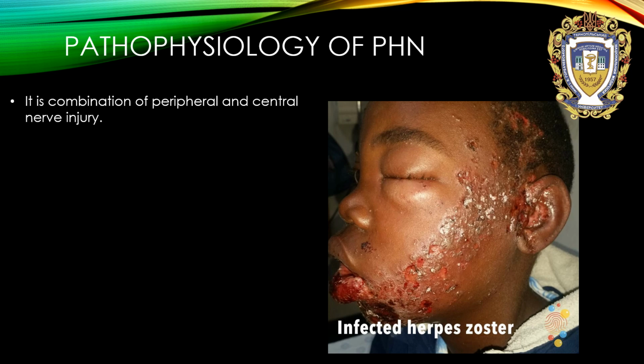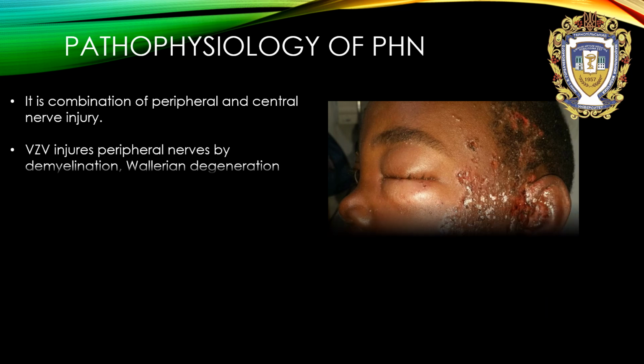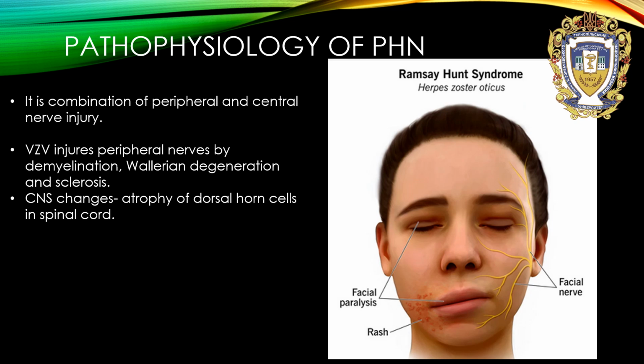It is a combination of peripheral and central nerve injury. Virus zoster injures peripheral nerves by demyelination, Wallerian degeneration and sclerosis. And this virus can cause central nervous system changes, atrophy of dorsal horn cells in the spinal cord, and can cause Ramsay-Hunt syndrome.